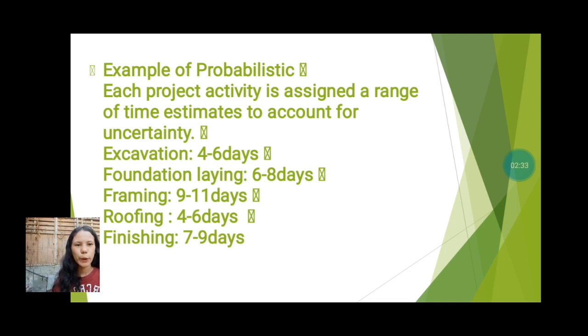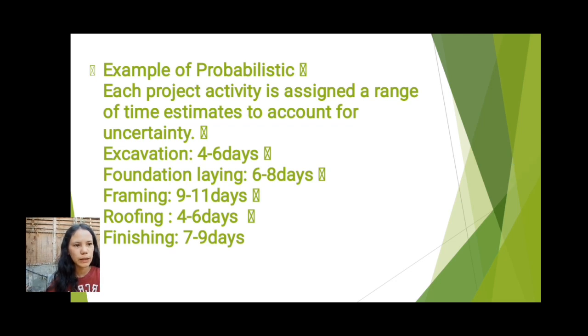Excavation is 4 to 6 days, foundation laying 6 to 8 days, framing 9 to 11 days, roofing 4 to 6 days, finishing 7 to 9 days. These ranges reflect the variability in activity durations, allowing for a more comprehensive analysis of the project schedule considering different possible scenarios.